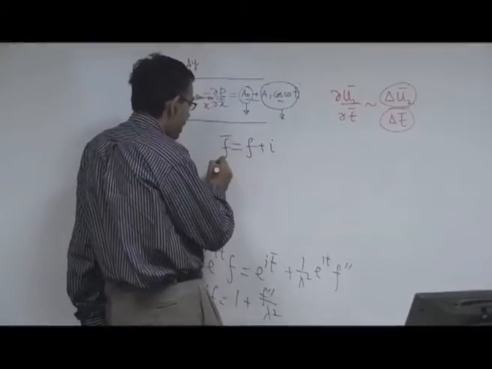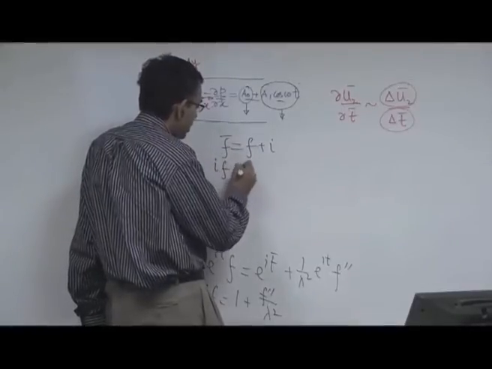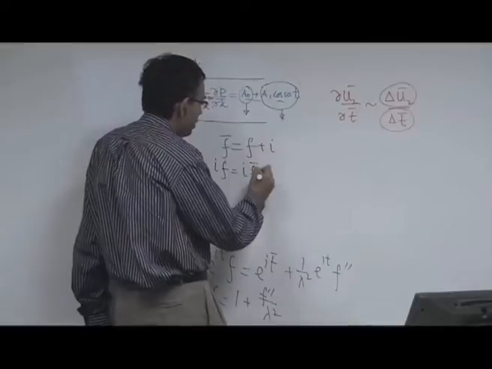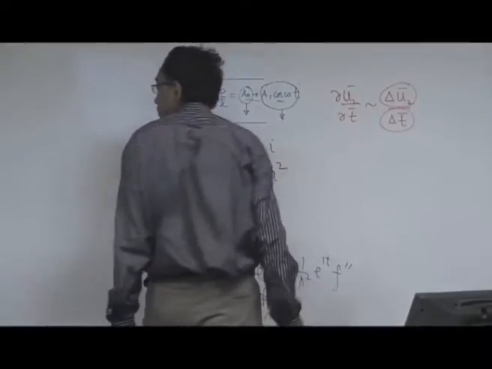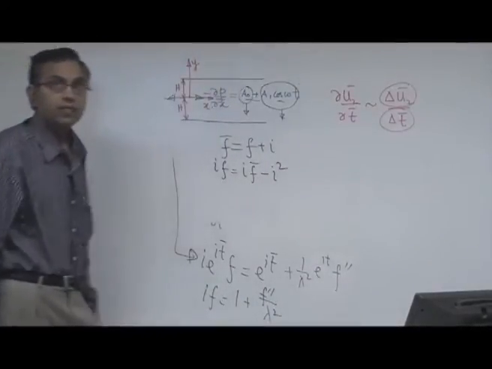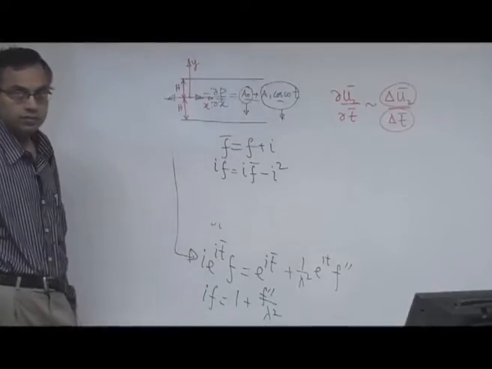So, you can write I f is equal to I f bar minus I square.